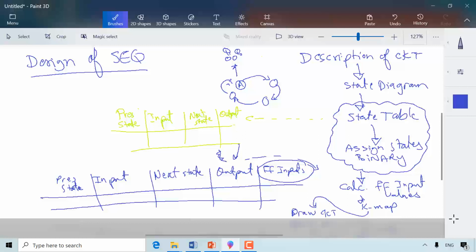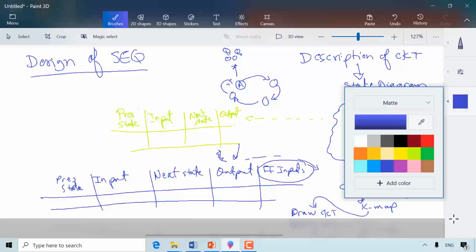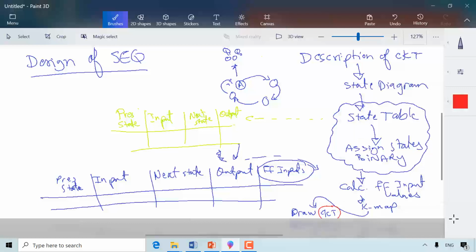Remember, in analysis we started with the circuit and finished with the state diagram. Now we are exactly reversing this process, because what we are doing here is design. Last lecture, we did analysis.